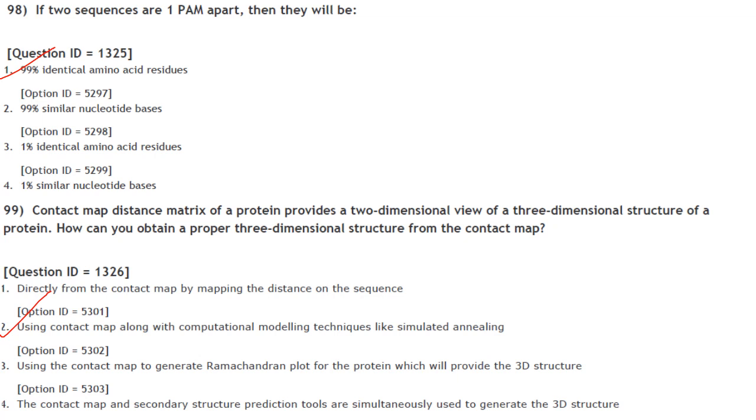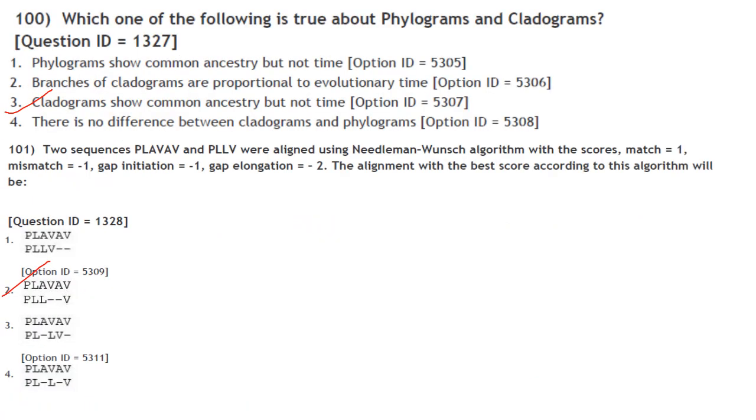So using contact map along with computational modeling techniques, we can obtain a proper three-dimensional structure of the protein. So answer here is option 2, using the contact map along with computational modeling techniques like simulated annealing. Answer is option 2.